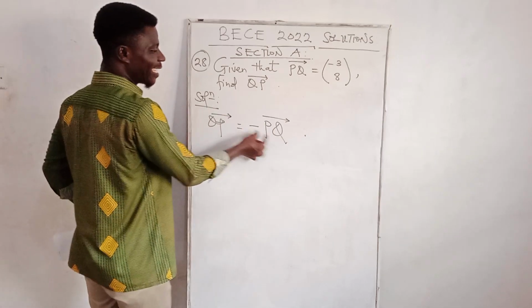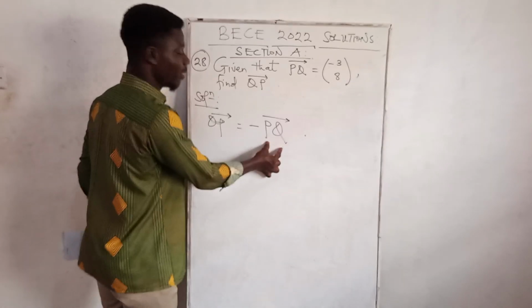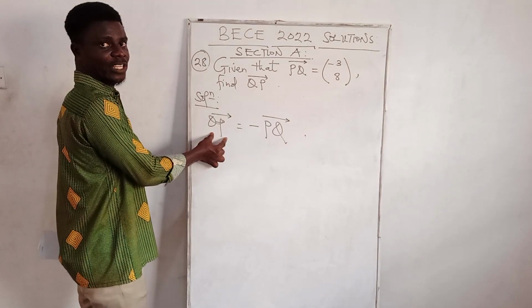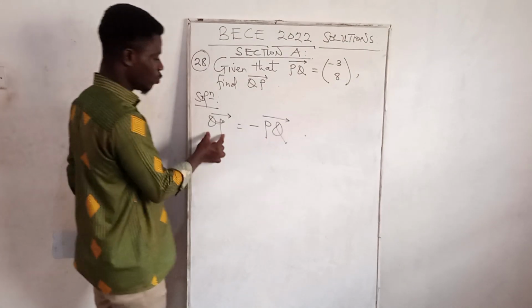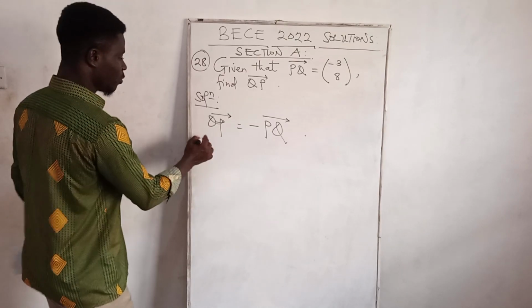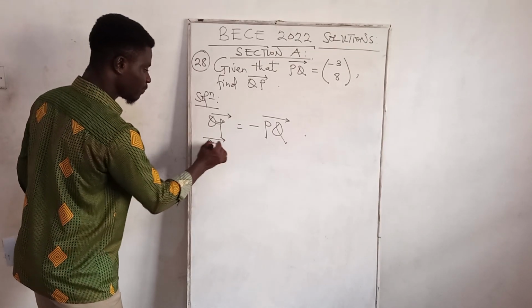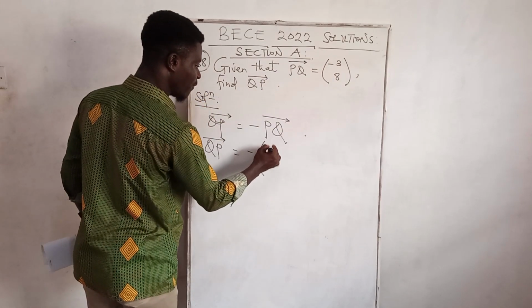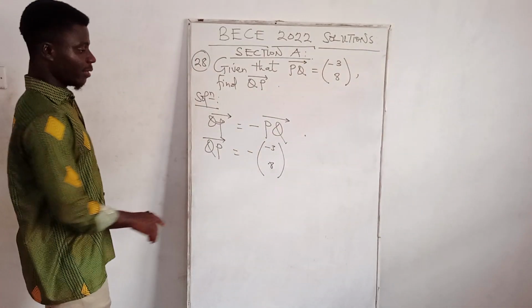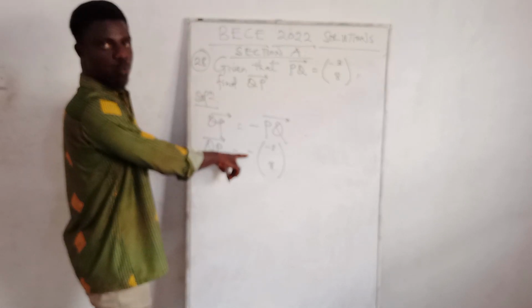It means when you attach a negative to vector PQ, you get vector QP. So my vector QP must be equal to negative vector PQ, which is negative of negative 3, 8.